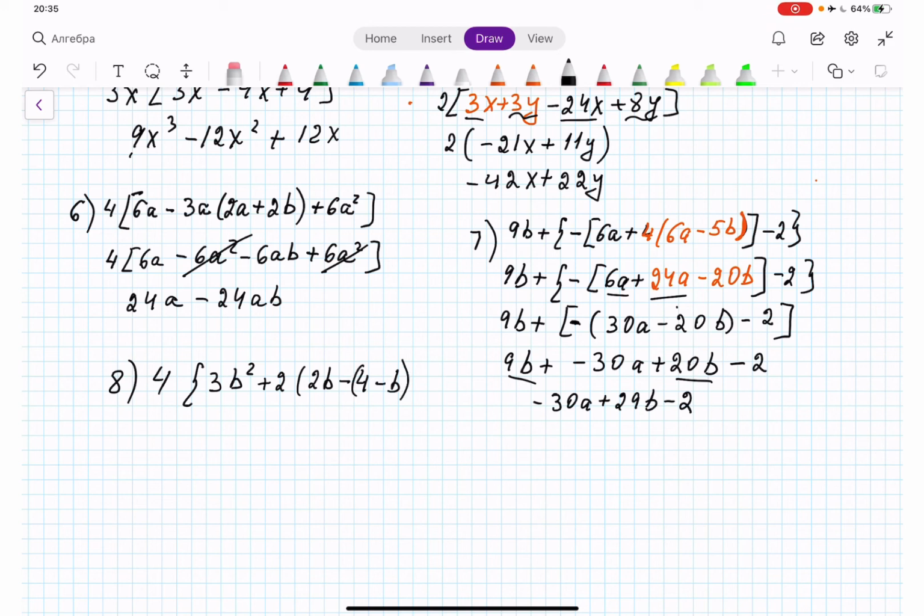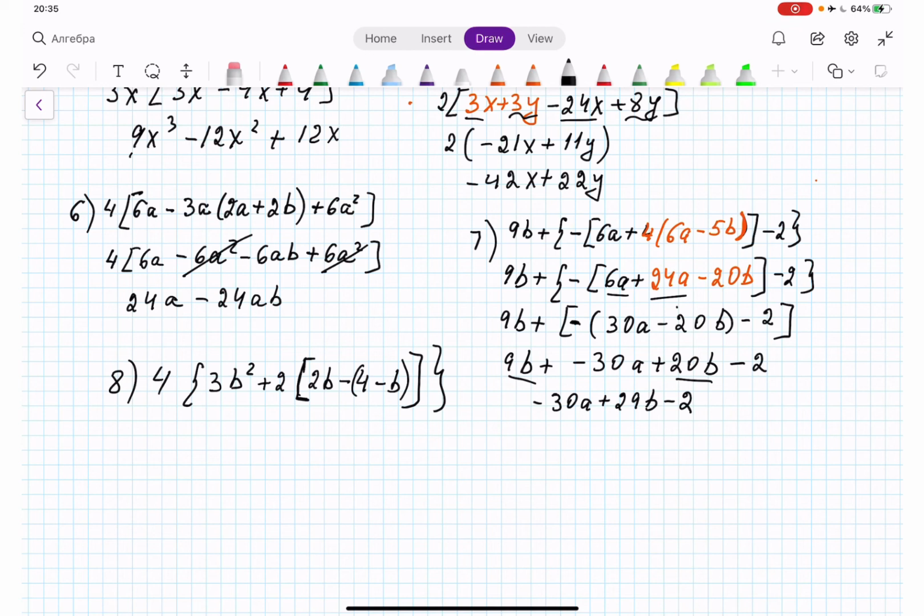Here we have parentheses and then this is square brackets. Okay, and closing curly braces. Let me double check: 4 times 3b squared plus 2 times 2b minus 4 minus b.